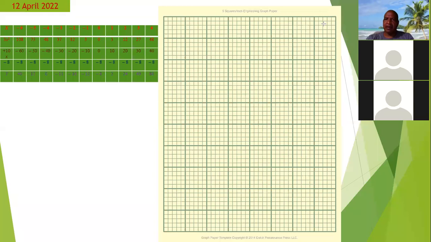Anybody? How many of the boxes are we going to need? Sir, 3. All right. If we're using one of these boxes for 2 and we're going over 6 places to the left, that means we need at least 3 boxes to the left. But if we look at the right, we only need how many boxes?